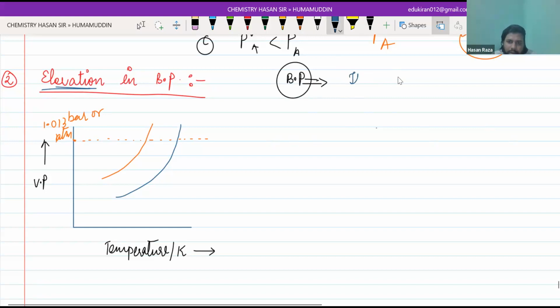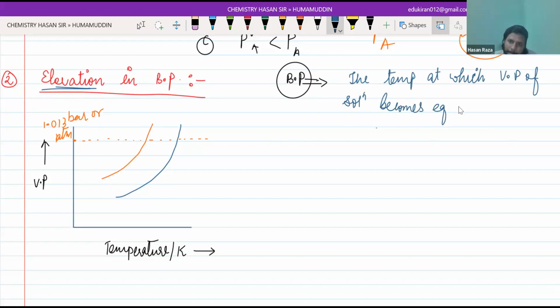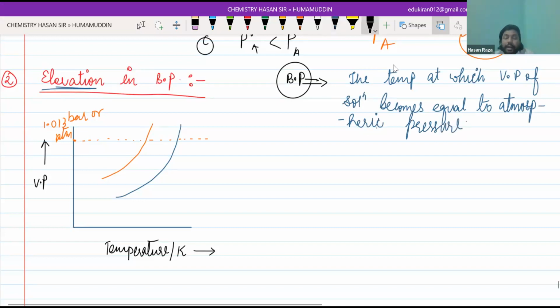The temperature at which the vapor pressure of the solution becomes equal to atmospheric pressure, that temperature is known as boiling point.